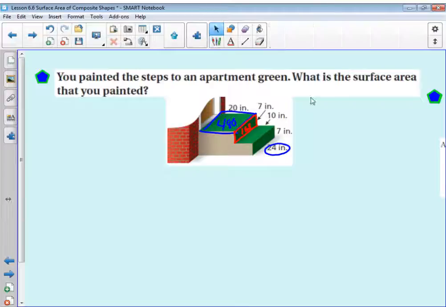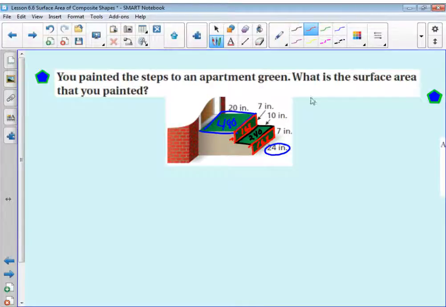My next rectangle is 10 by, once again, 24 across. So 10 times 24 gives me 240. And then my last one is that step going up again. It's the same as this one here, 7 high and 24 across. So that, once again, is 168.